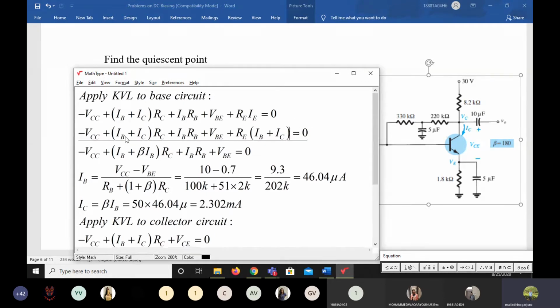Now in these two terms, IB plus IC is common for RC and RE. So in place of RC, you just replace RC plus RE. That is the difference you will get. Because in this equation, we have IB plus IC into RC and IB plus IC into RE. If you take IB plus IC as common, you will get IB plus IC into RC plus RE. So it's the same.